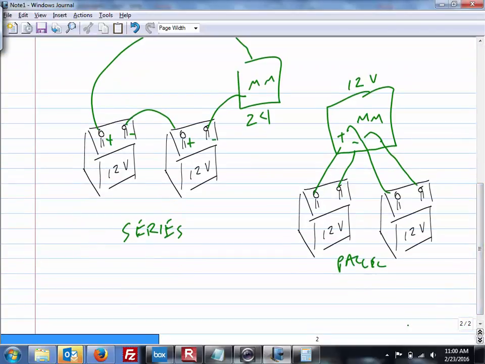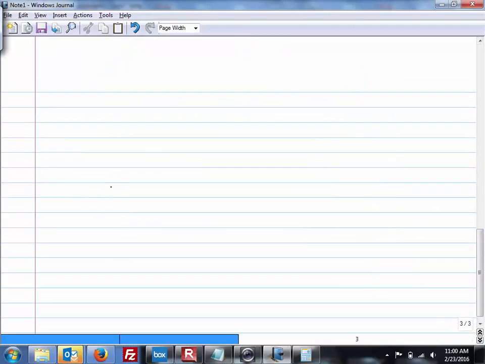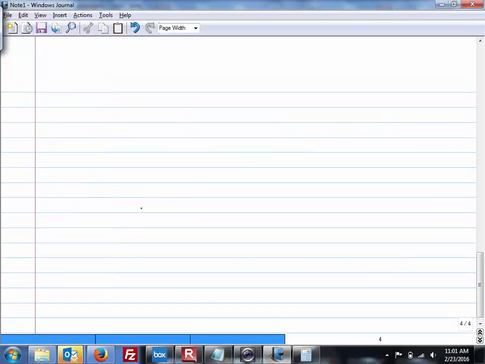The other way to draw this, the circuit way, would be to have your batteries like so. If this is V1 and this is V2, we just know that V naught equals V1 plus V2, versus this.